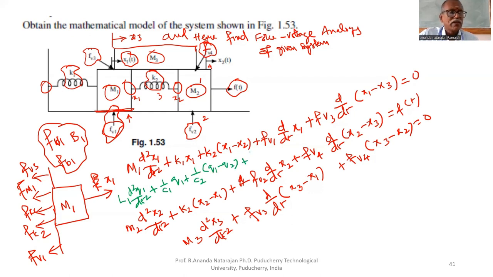FV1 is B, and B should be taken as R1, simply R1, dq1 upon dt, plus R3 d upon dt of q1 minus q3 equal to 0.